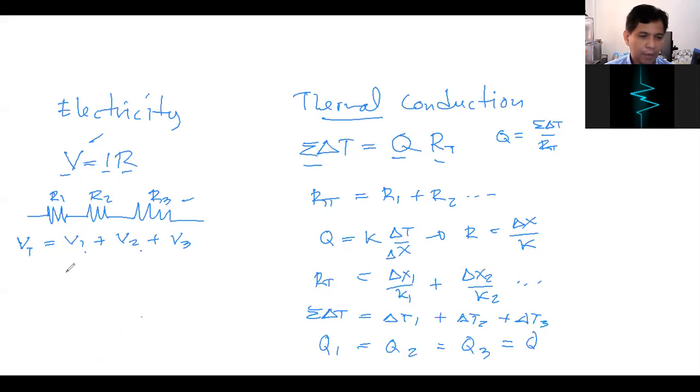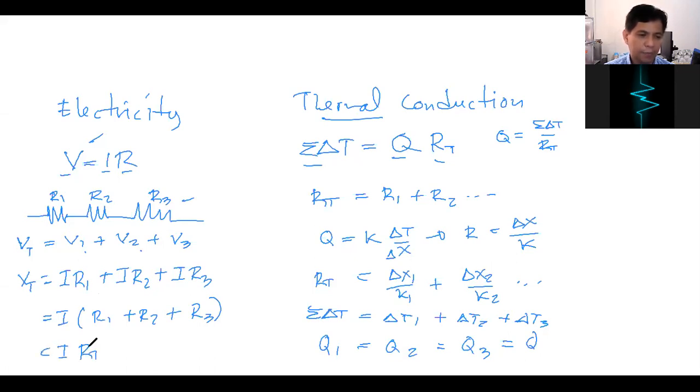So, this will become I times R1, plus I times R2 plus I times R3 is equals to V total. Ganyan yung sa physics natin. So, you can factor out I. Tapos, magiging R1 plus R2 plus R3. So, this is R total. Tapos, we have V total.